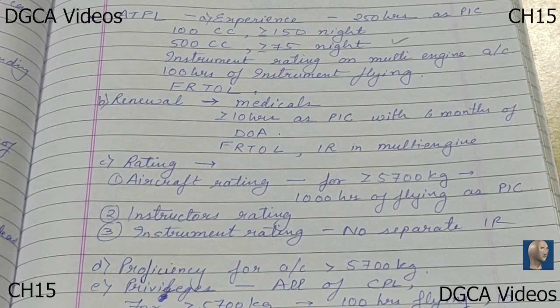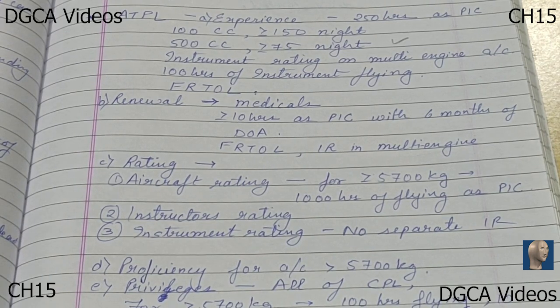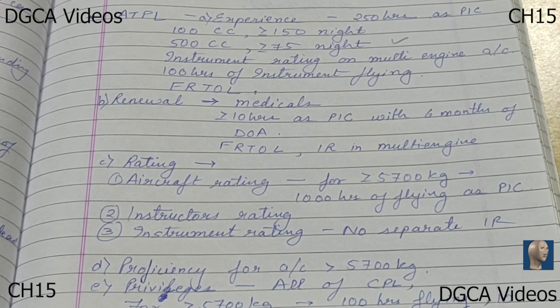Moving on to the rating section, again aircraft rating is there. So in this case, the aircraft will be 5,700 kg weight, and for the ones greater than that, if you want the aircraft rating, then it will be 1000 hours of flying as a pilot in command.